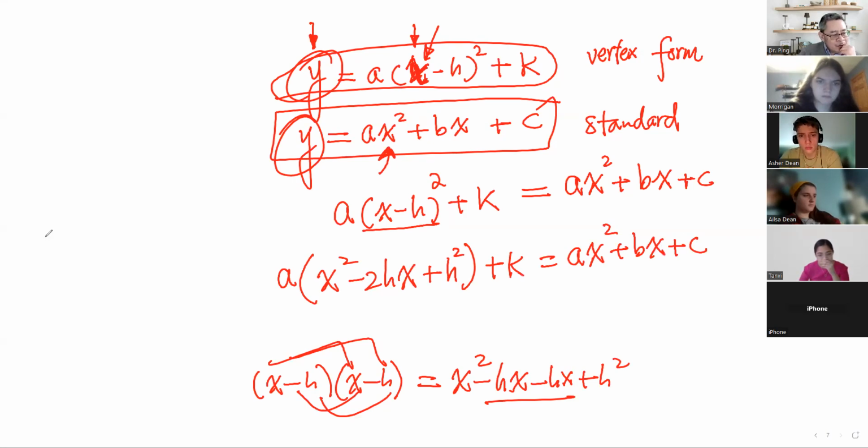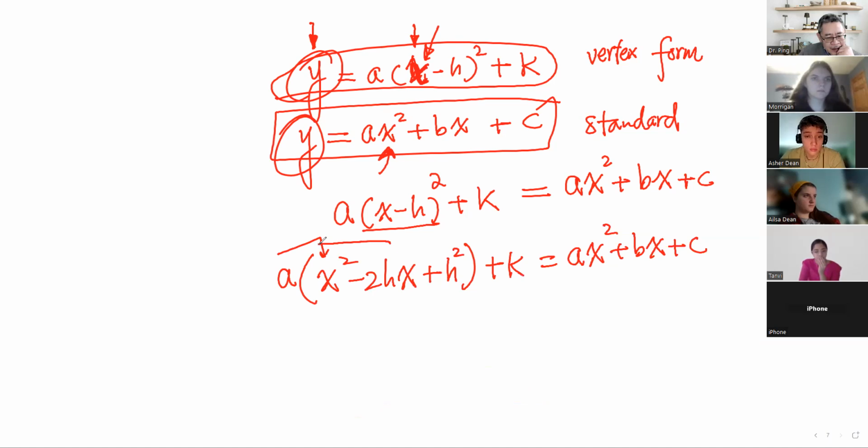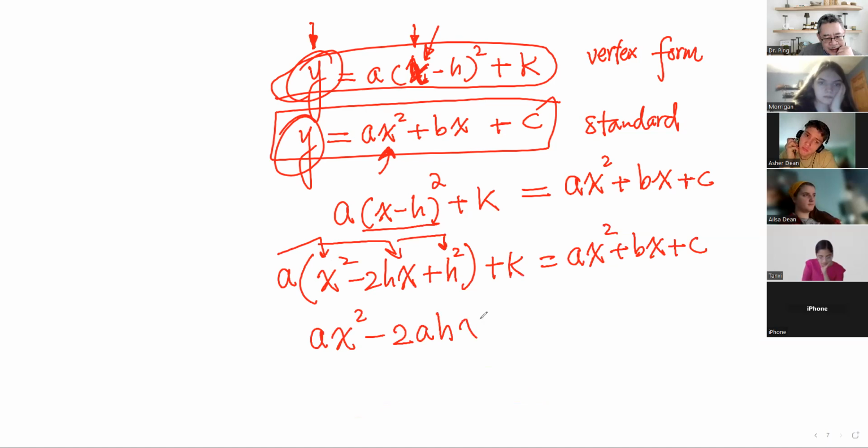So now we're going to separate those. So we get ax squared minus 2ahx plus ah squared plus k equals ax squared plus bx plus c.